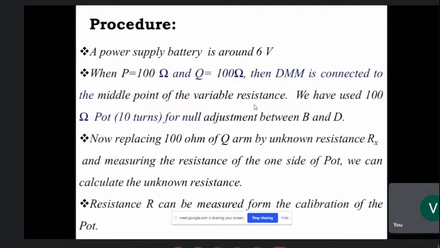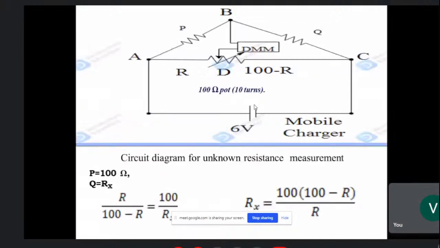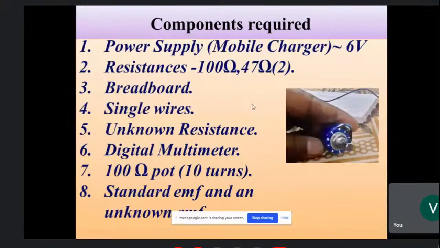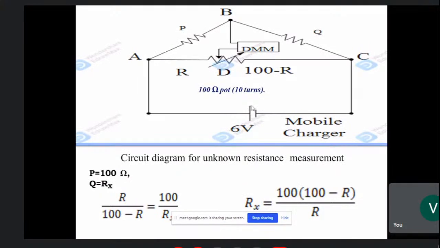Sir, can I make some comment at this point? Sure, sure. Okay, so please go back to the circuit diagram. Yes, this one. Let me try to explain the pot in a little more detail. I think that is the most crucial point.